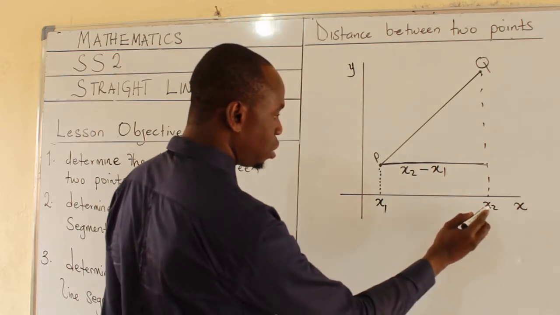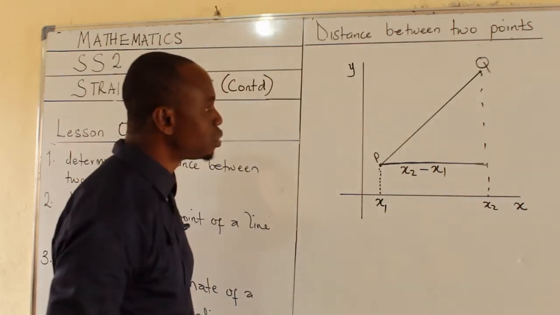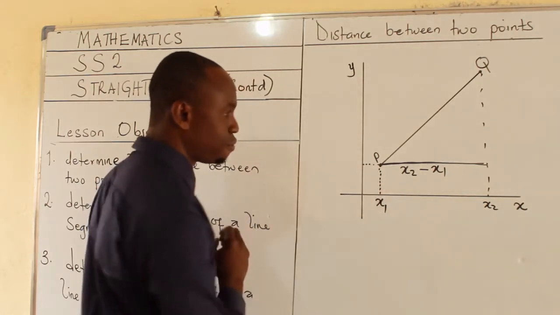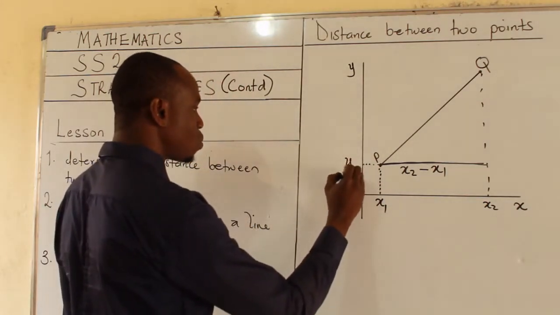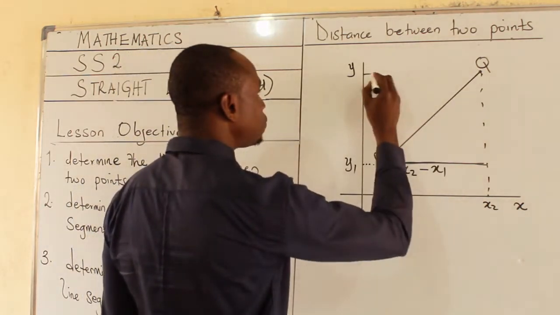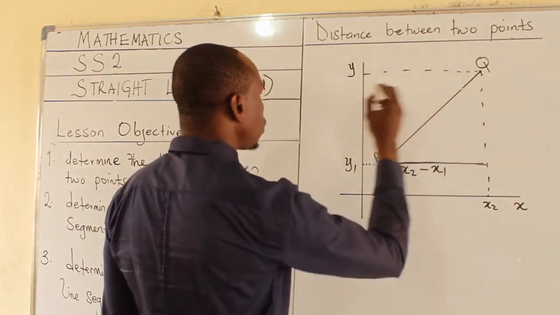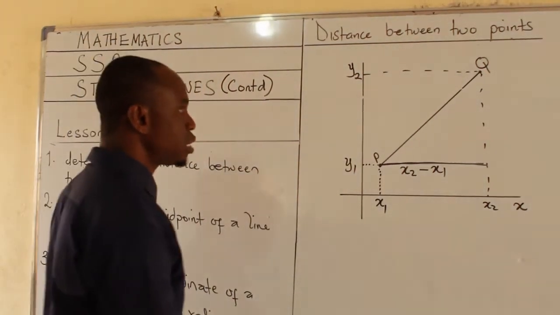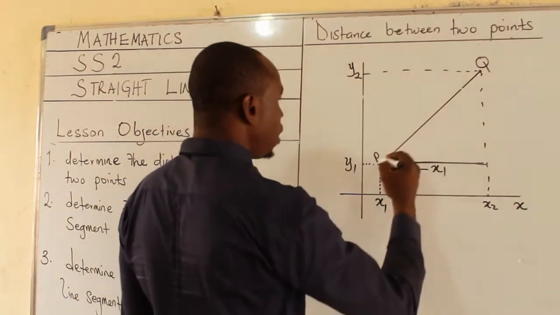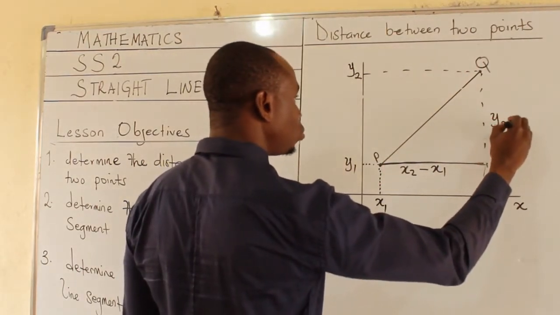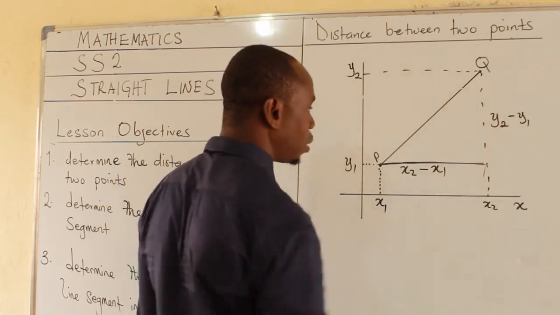That's the distance between this point and this point. Then similarly, P will have coordinates y1, and Q will have coordinates y2. So the distance between P and Q vertically is y2 minus y1.